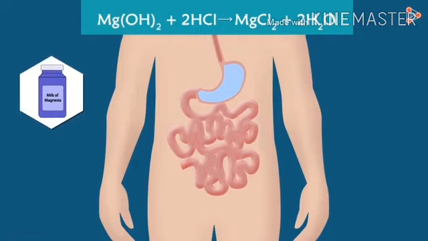How are they helping as a remedy for the excess production of hydrochloric acid in our stomach? These antacids or milk of magnesia are mild bases. They contain a slight amount of base in them. So this mild base will neutralize the excess amount of acid produced in our stomach and will give us relief.